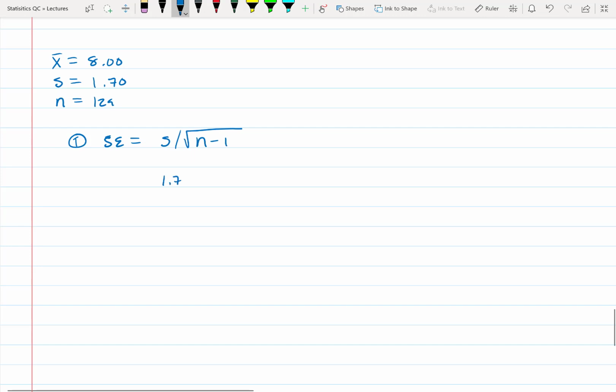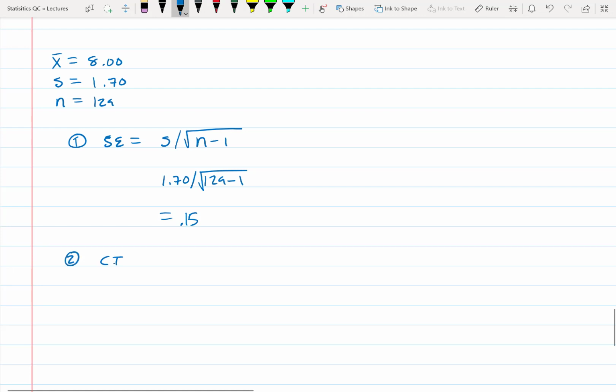In this case, that's going to be equal to $1.70 divided by the square root of 129 minus 1, and that's going to come out to about 15 cents. So we have the first part of what we need for the confidence interval.